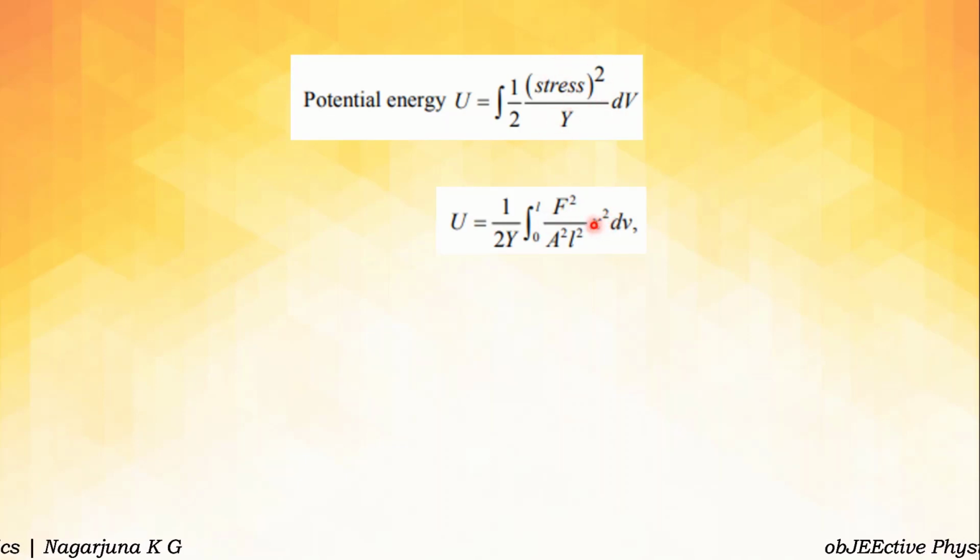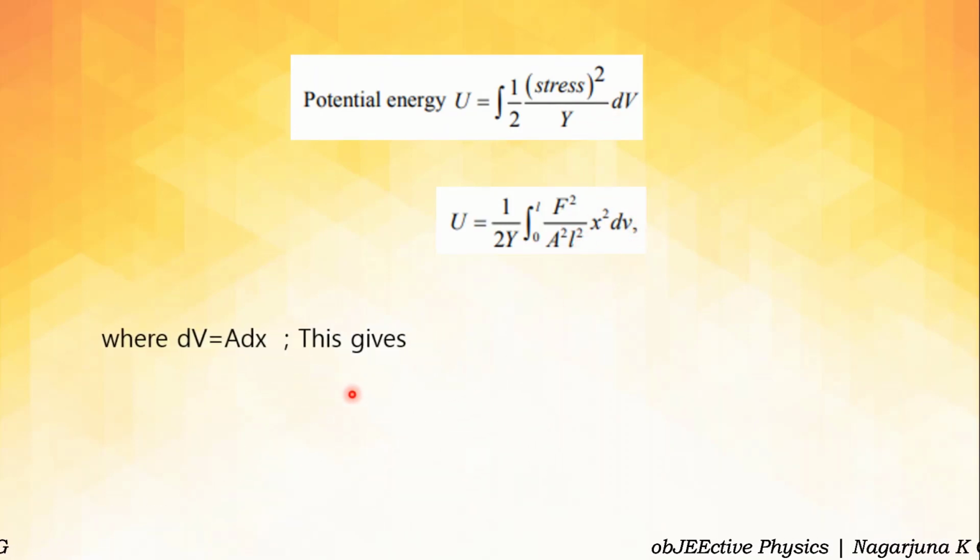Stress is equal to Fx by AL, so stress squared is F squared x squared divided by A squared L squared dV, where dV, the change in volume, is equal to area of cross section into change in length, A into dx.